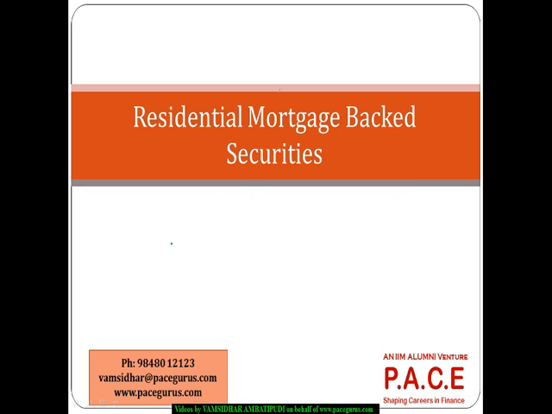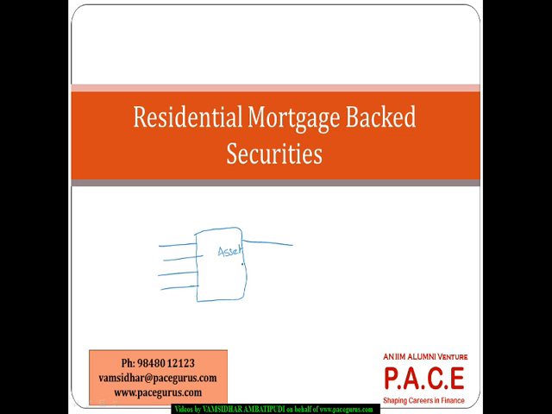So it's again a typical asset-backed security with a pool of residential mortgages which are sold by the bank. The bank has lent to various borrowers and it has created a big asset, a pool of mortgages.